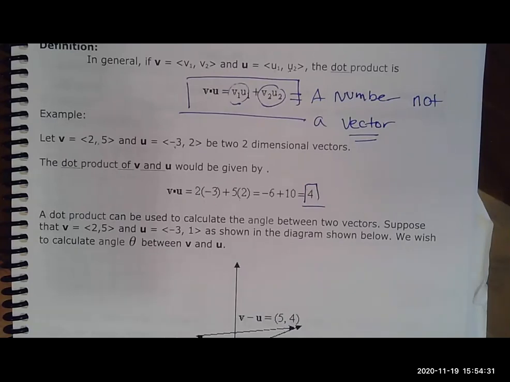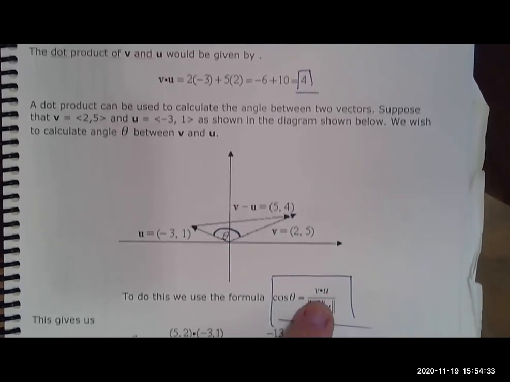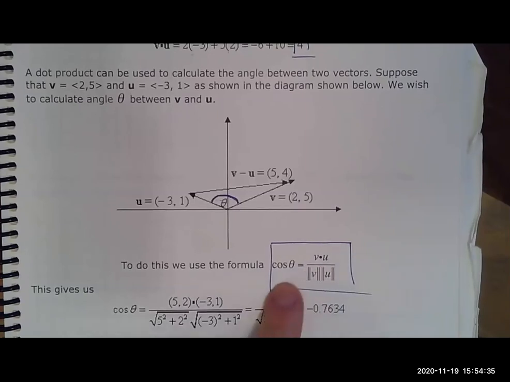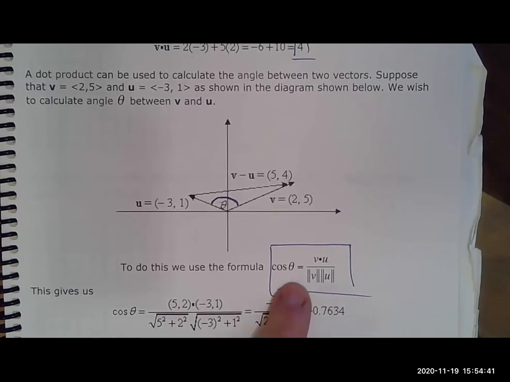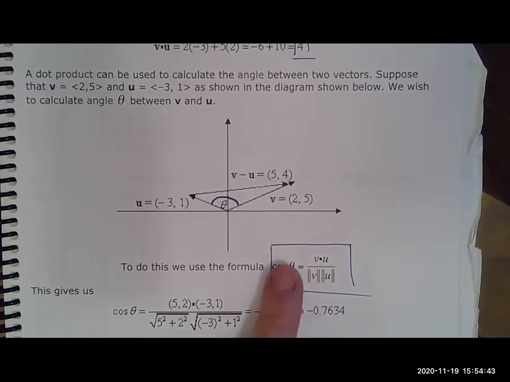When you take the number and put it in the formula right here, it will help you find the angle. Remember how to get theta all by itself? How do you solve for theta? What's going to happen here? Anybody? How do you get the cosine off?